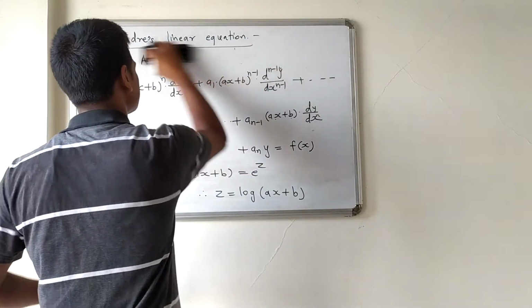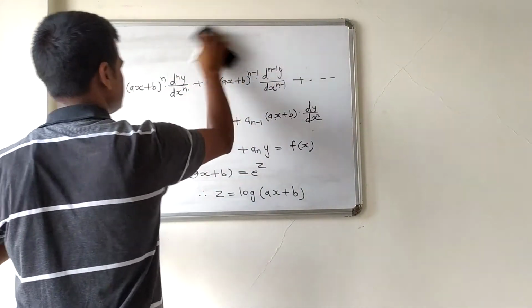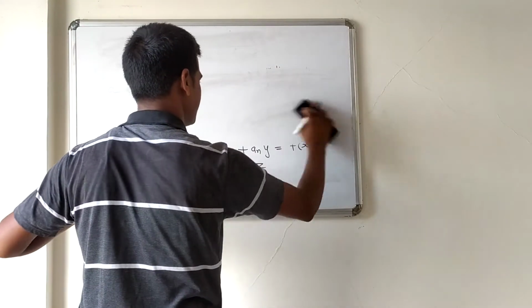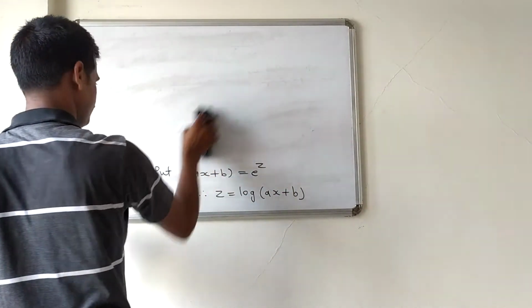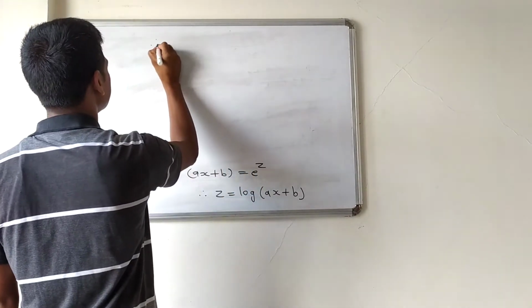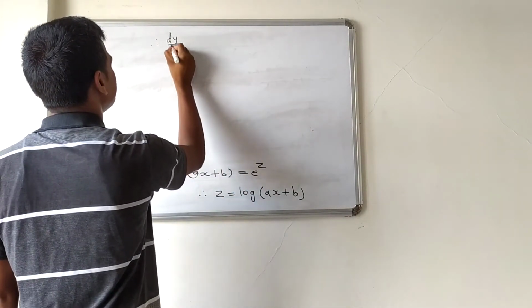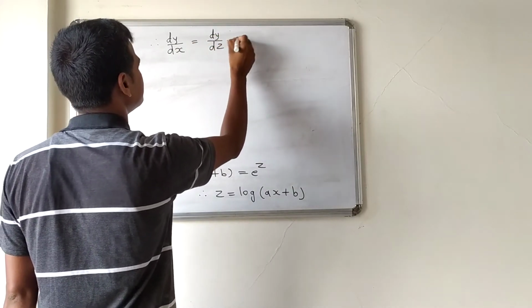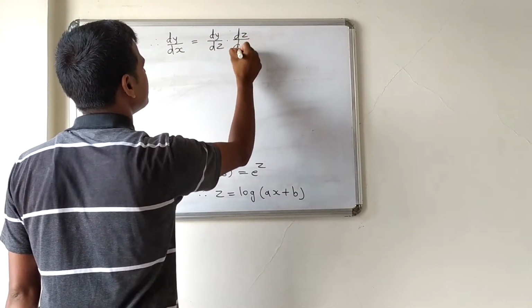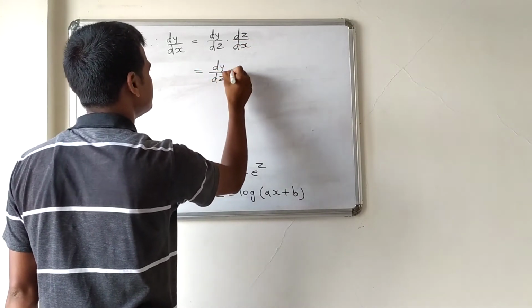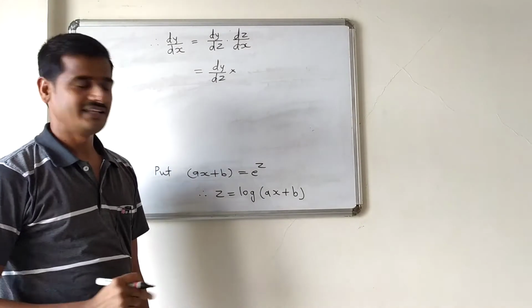Using this substitution, see how I find the value of dy by dx. Again we are changing the independent variable. Therefore dy by dx becomes dy by dz into dz by dx. What is dz by dx?